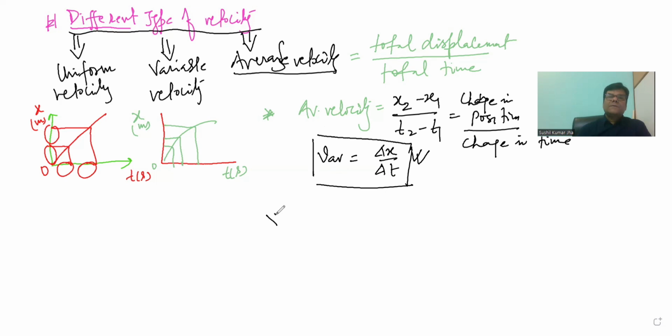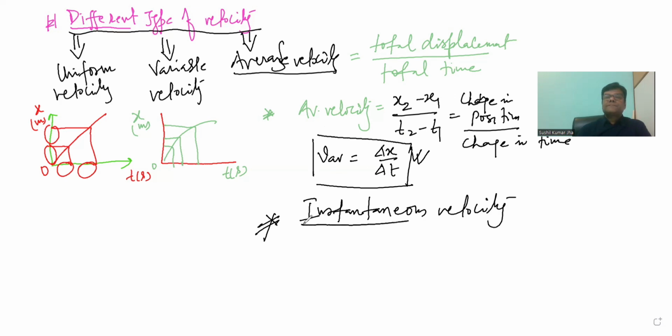Now we may do the instantaneous velocity. So when we talk about instantaneous, it means velocity at a particular instant.